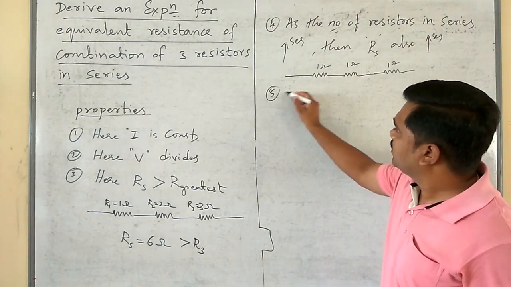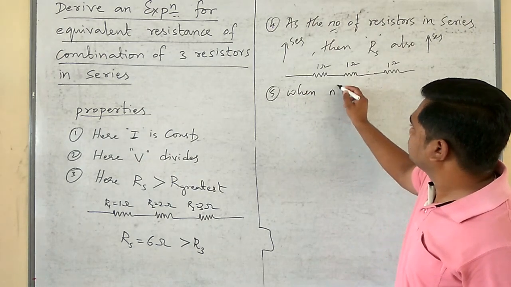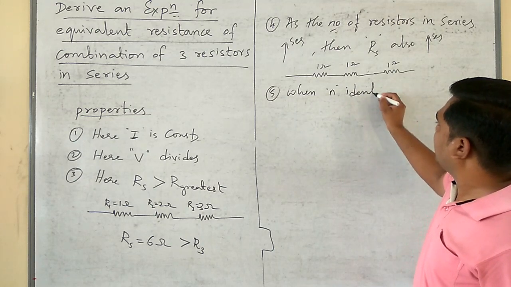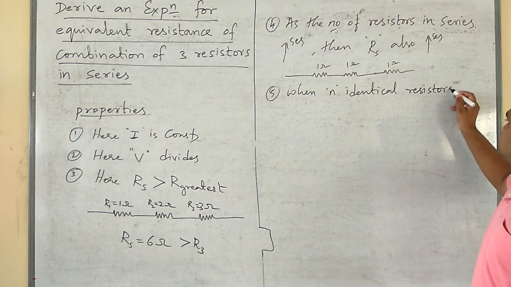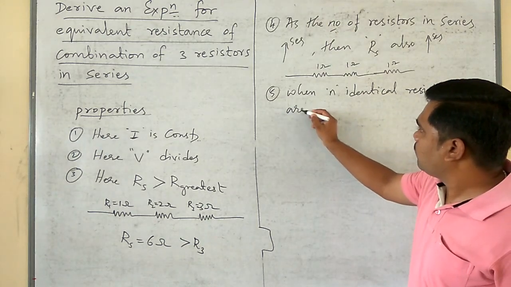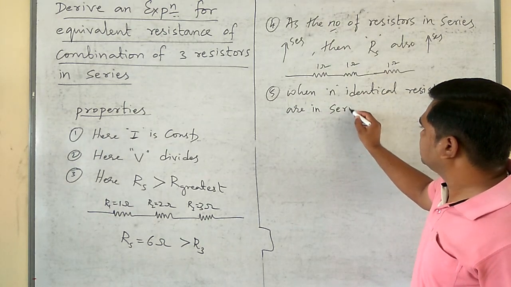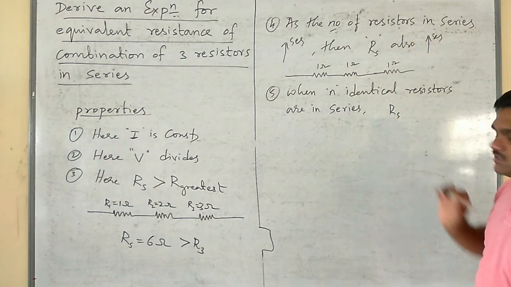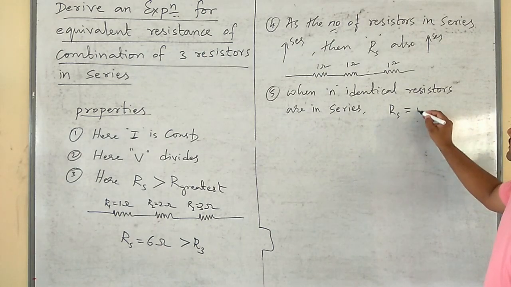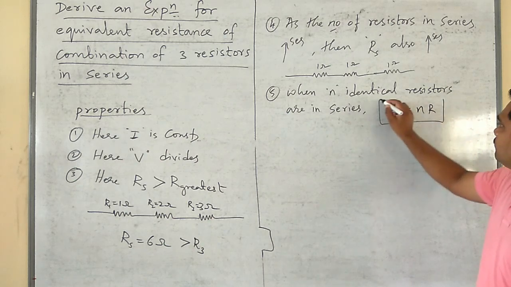Next, when n identical resistors are in series, what is the value of Rs? Simply I will write it as nR. Why?